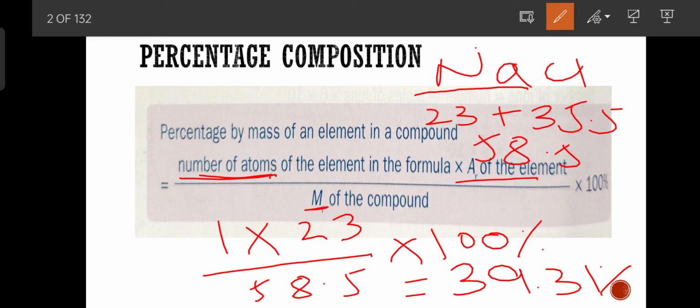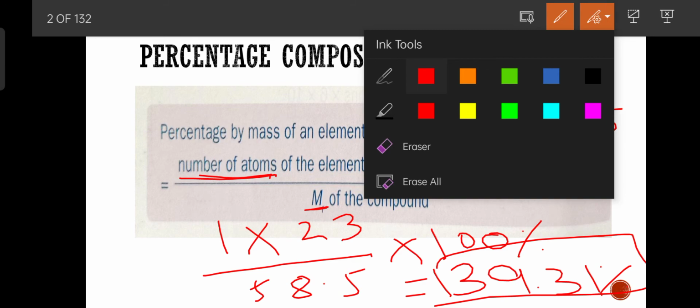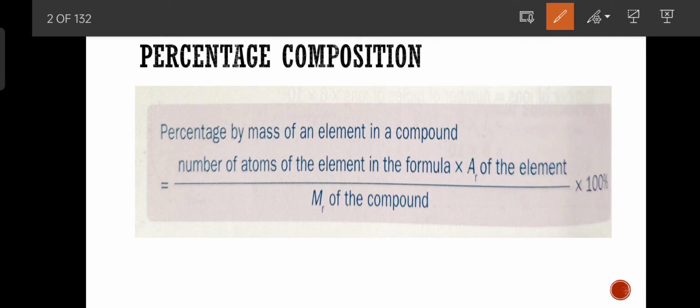This is the composition of sodium in sodium chloride. Number of atoms 1, AR of the element 23, molecular mass of the compound 58.5, and then multiply it by 100 and you will get the percentage composition.